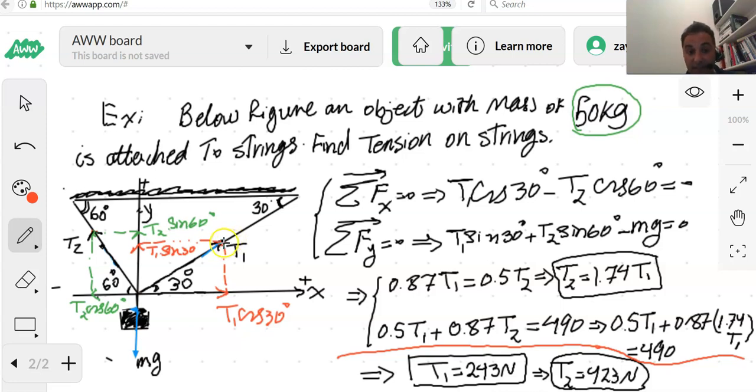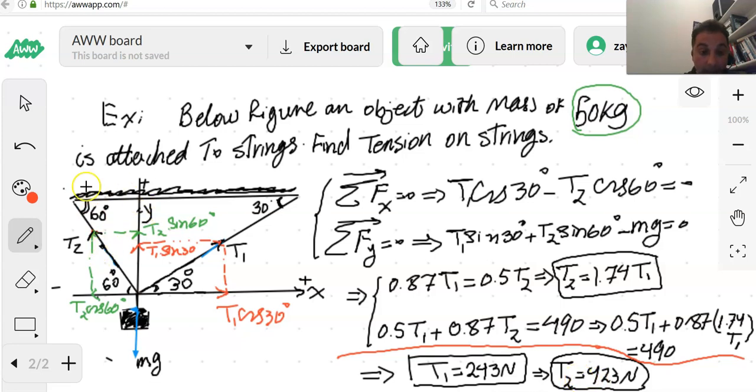The string that has the smaller angle has smaller tension than the string that has the big angle. So another conclusion that we can state: the string that has the bigger angle also has bigger tension.